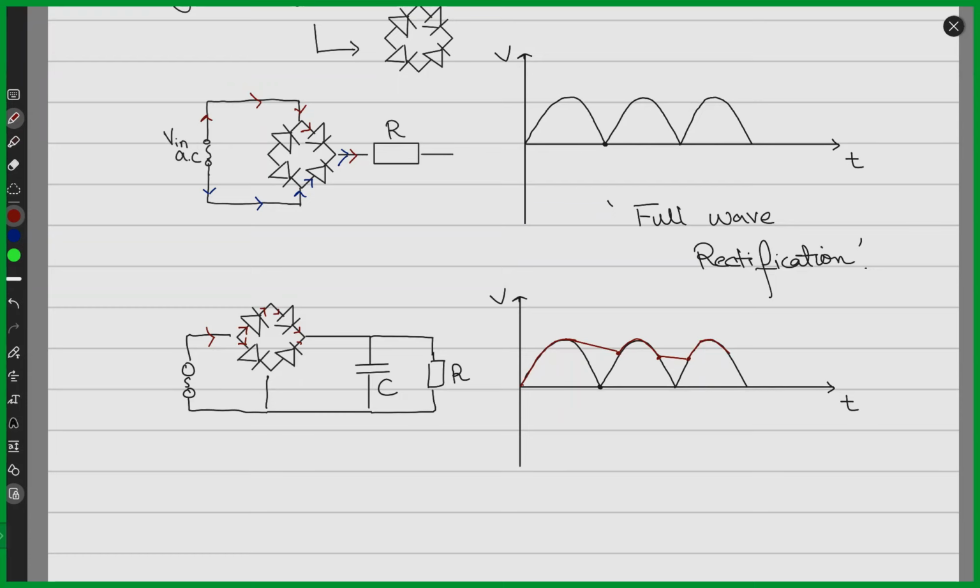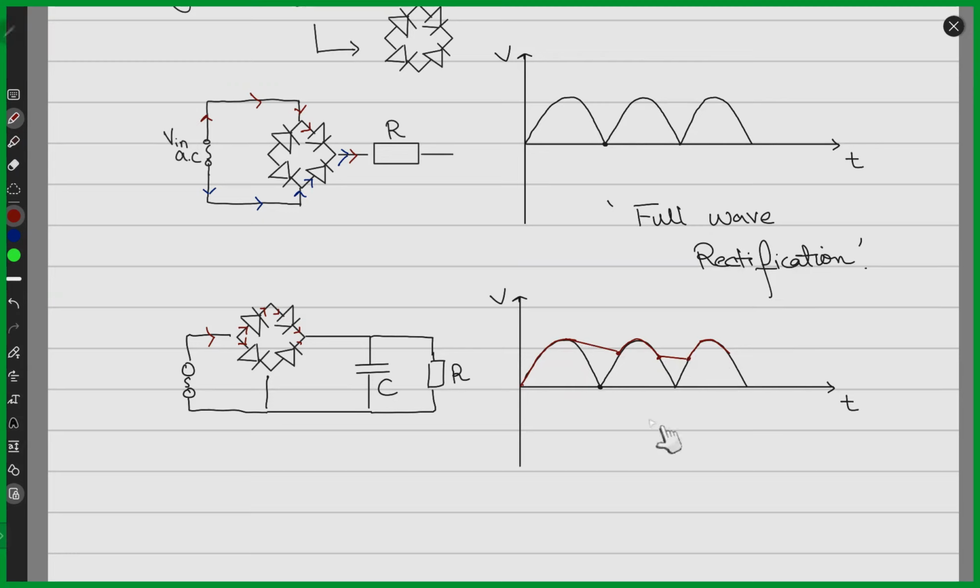Compared to full wave rectification and half wave rectification, this one is much closer to our goal, that was to convert it to the direct current. This graph is much more stable than both half wave and full wave rectification.